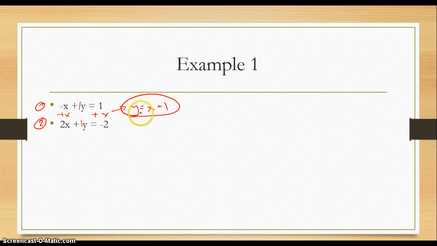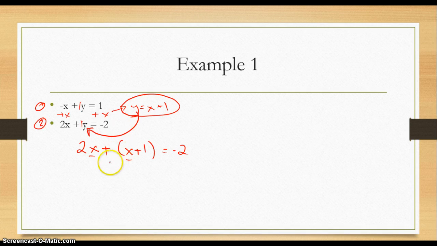So we found that y equals x plus 1. So we're going to plug that in for y. So now we have 2x plus the x plus 1, which is y, equals negative 2. And we do that so that we only have one variable now, and we can solve.